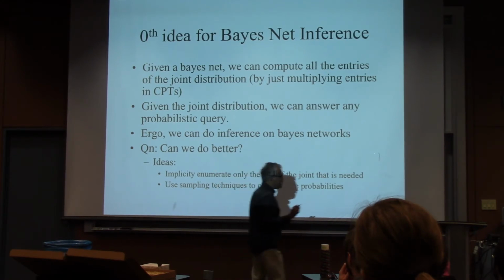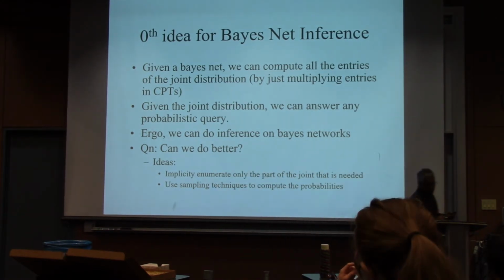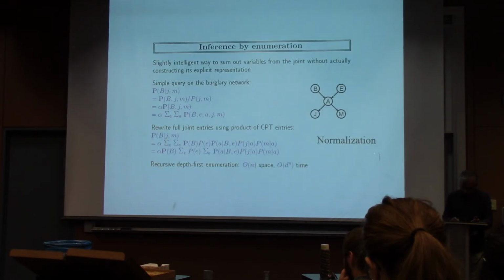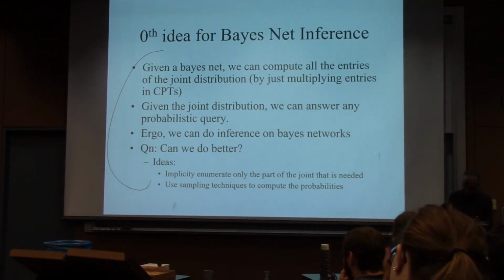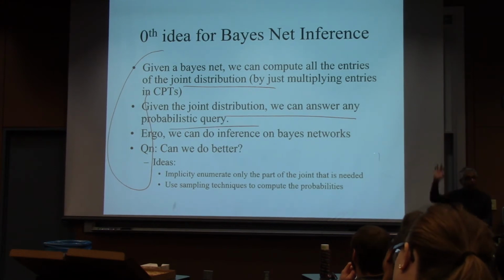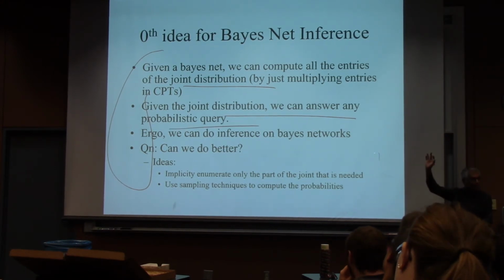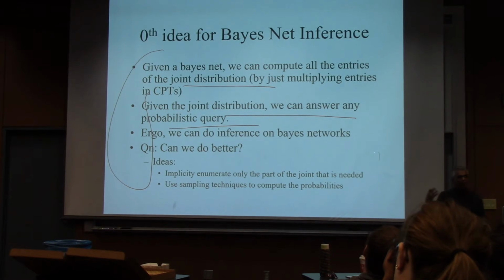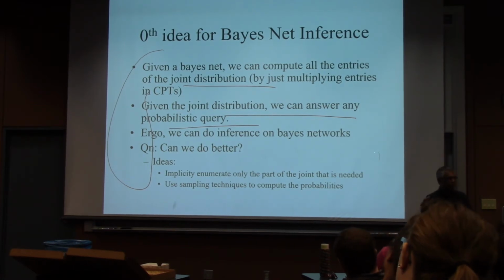This is the 0th order. We can always compute the joint distribution. Given the joint distribution, we can answer everything. You know this already. But obviously doing it this way for large networks is extremely wasteful.